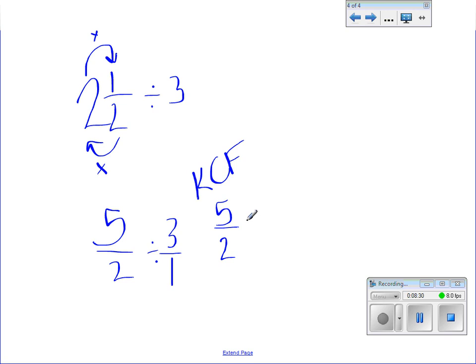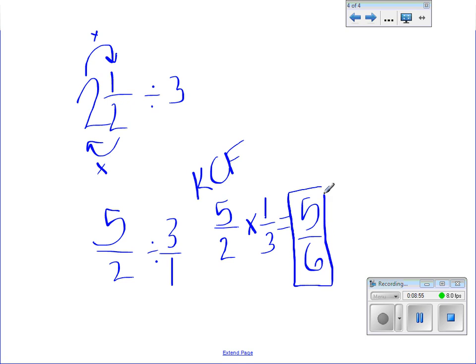Change division to multiplication, and then flip 3 over 1 to 1/3. Now I can just multiply straight across. 5 times 1 is 5. And 2 times 3 is 6. Now I have 5/6 as an answer. This cannot be simplified, so my final answer to 2 1/2 divided by 3 would be 5/6.